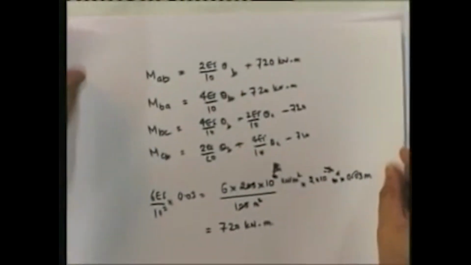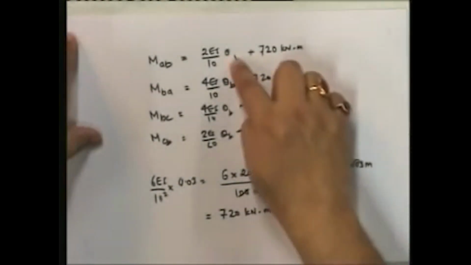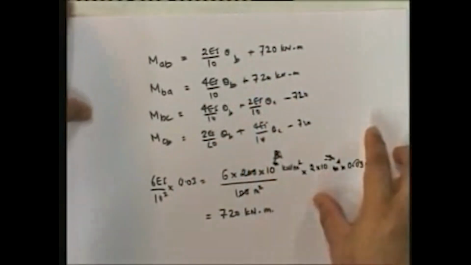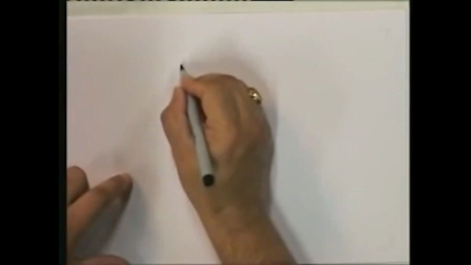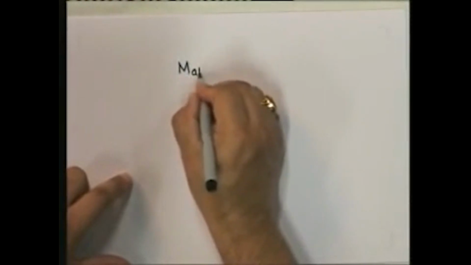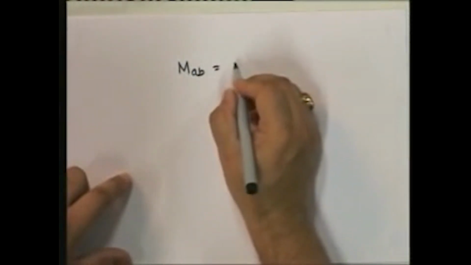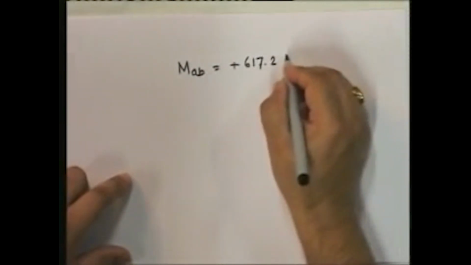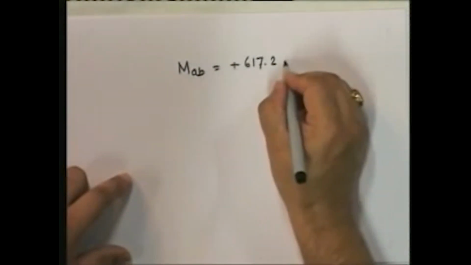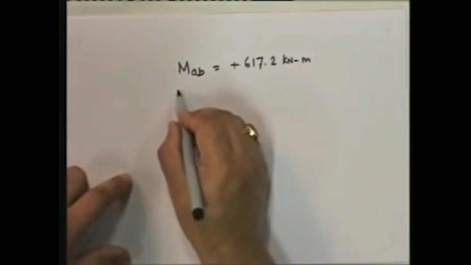In other words, once I found out theta B and theta C, I can substitute them into these equations, plug in the values, and my final MAB is equal to plus 617.2 kilonewton meter.